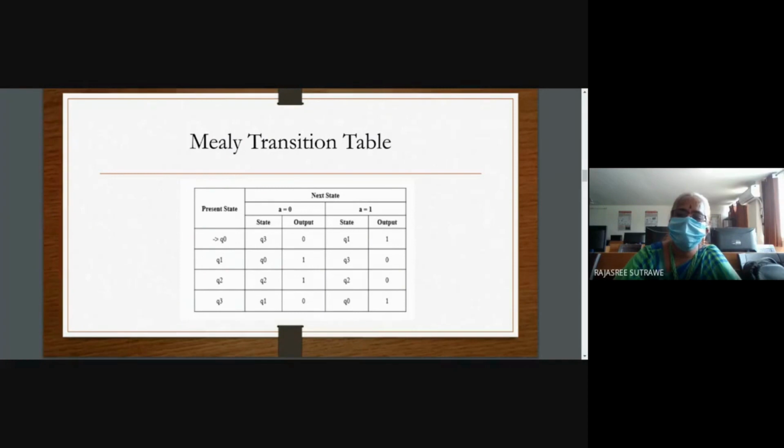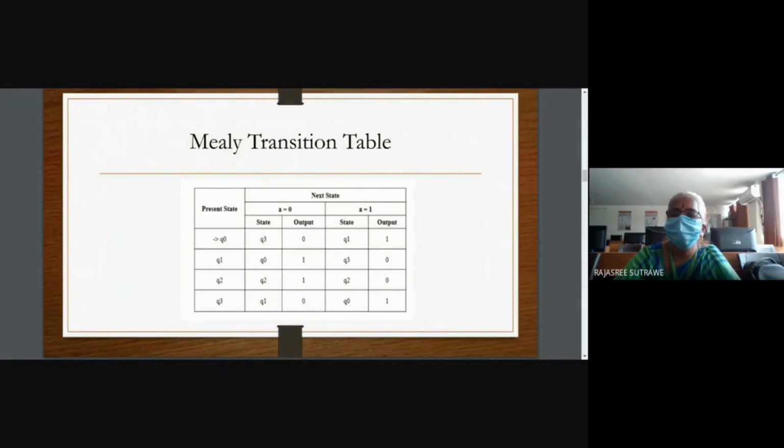Next state is Q1 on 1, which is Q3, and we get output 0 only. Then again input 1, Q3 on 1 is Q0, so the output is 1.